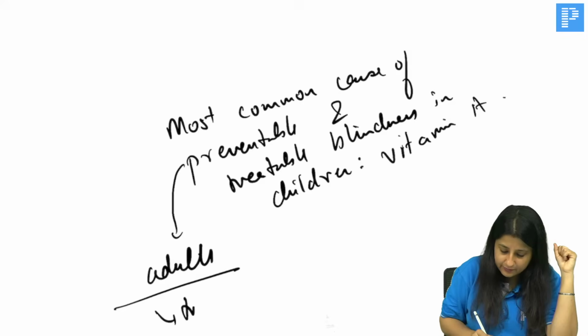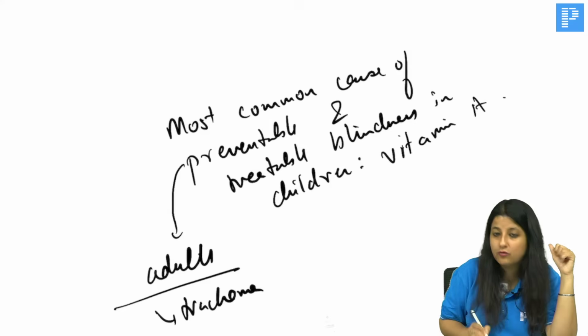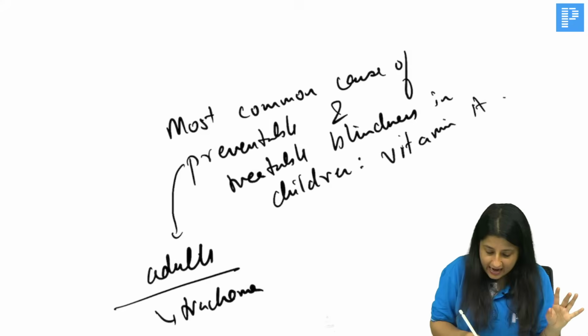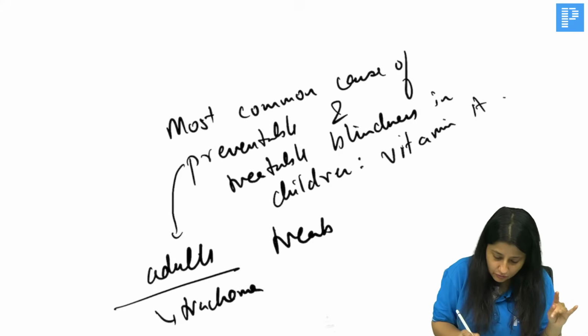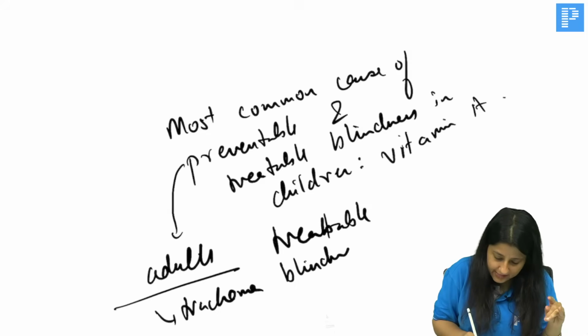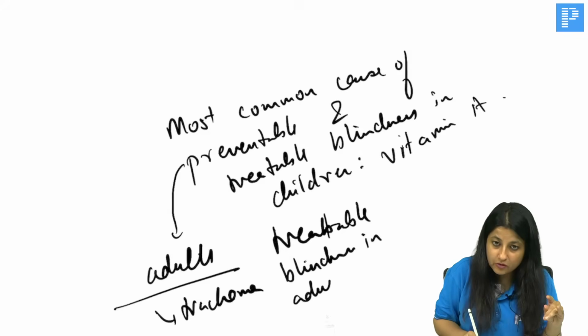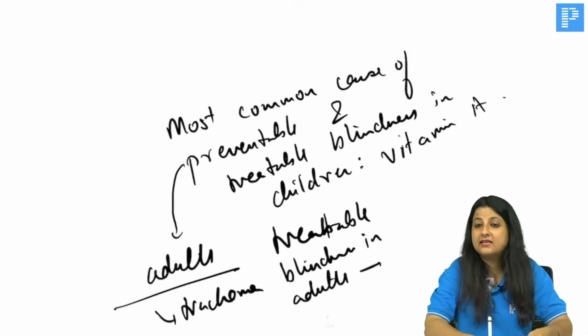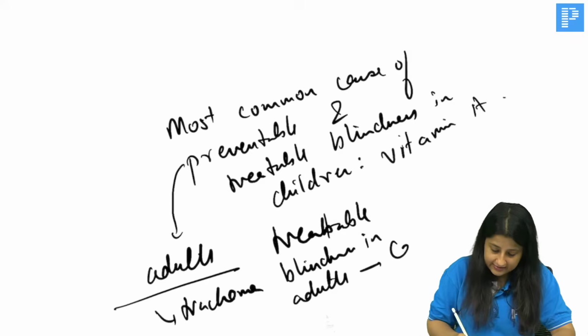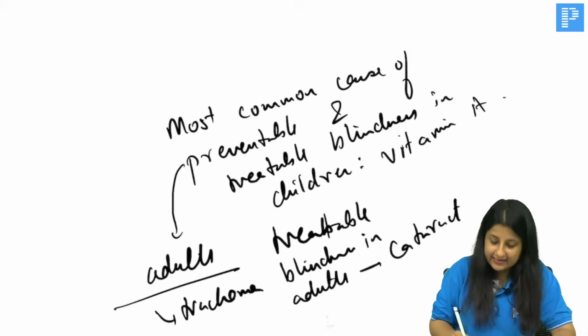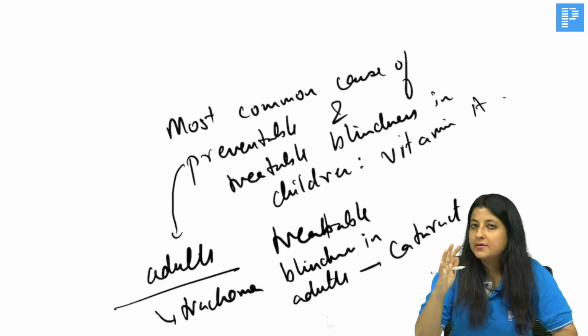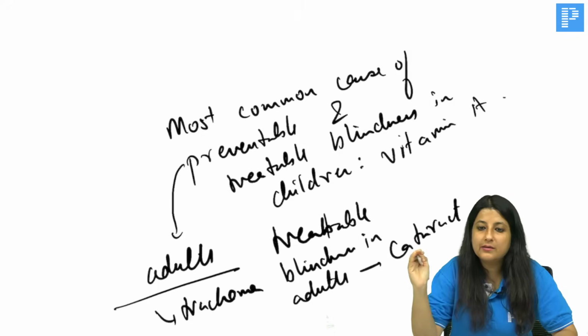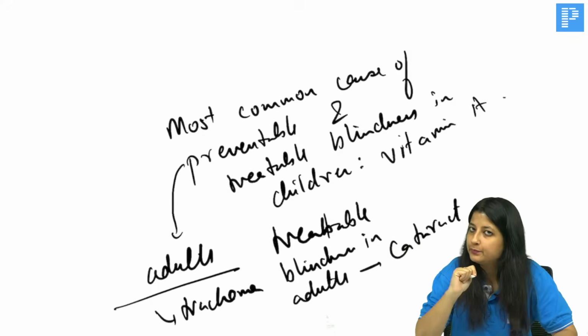Adults में preventable blindness, infective trachoma, SAFE strategy. And most common treatable blindness in adults क्या है guys? Again, that is cataract. What did I say? Most common cause of blindness and visual impairment in India, cataract. ठीक है.